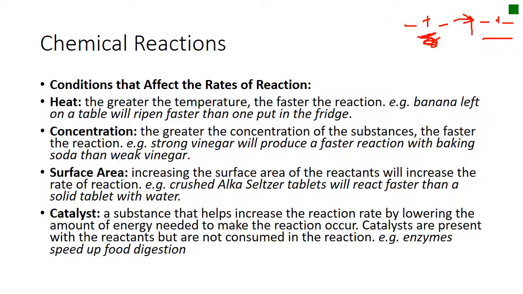But if I break up that Alka-Seltzer tablet in water, I increase the surface area, the amount of the tablet exposed to the water, and thereby I'll get a faster reaction, more bubbling. Catalyst. A catalyst is a substance that helps increase the reaction rate by lowering what's called the activation energy, the energy needed to make the reaction occur.